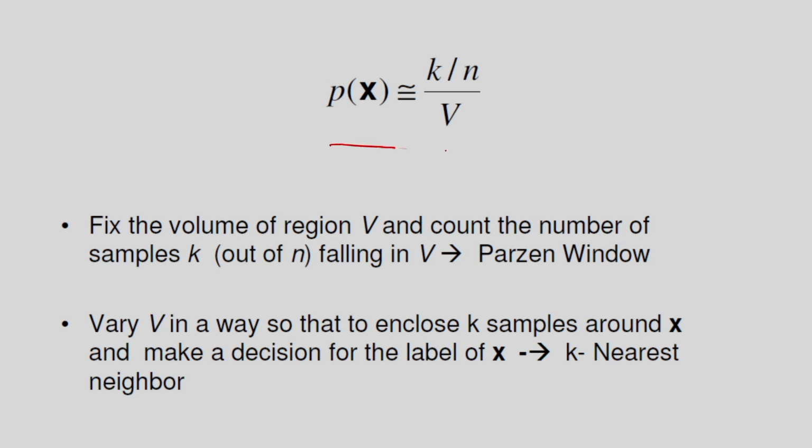So you know this expression: the density p(x) is k divided by n divided by V. In the Parzen window technique, we fix the volume of the region V and count the number of samples k out of n samples falling in V. So the volume is fixed, and I count how many of the n total samples are within this particular volume.